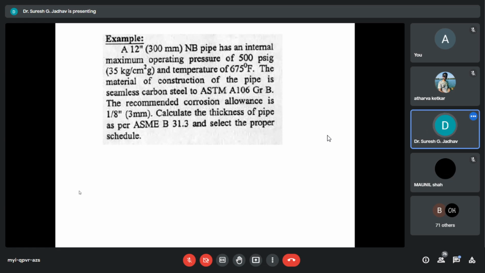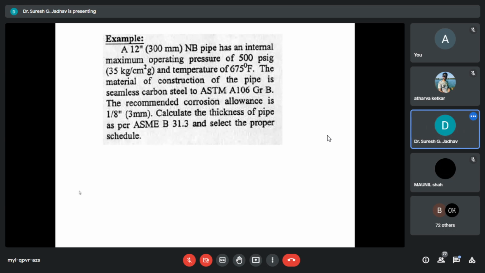And the temperature is 675 degrees Fahrenheit. Here the temperature is given in Fahrenheit, so there is no need to convert to Celsius. If you want, you can convert to Celsius, but in industries we refer to the Fahrenheit scale.